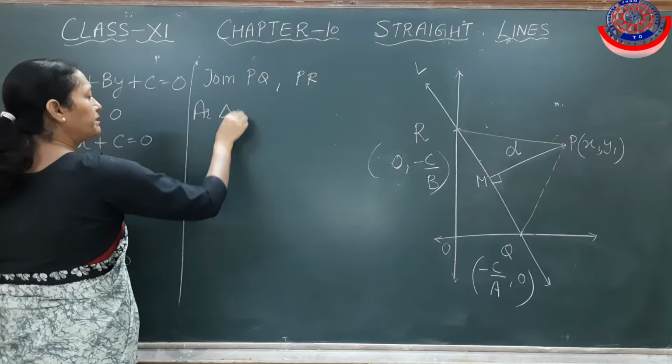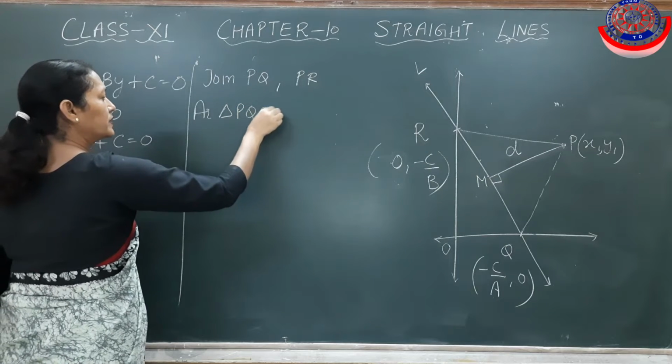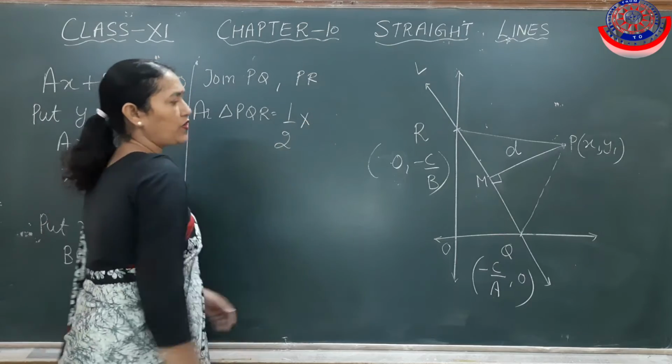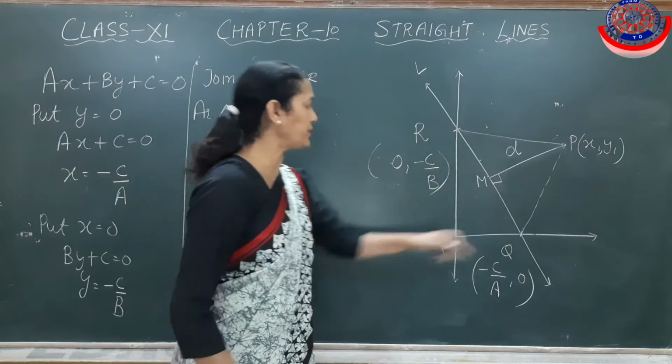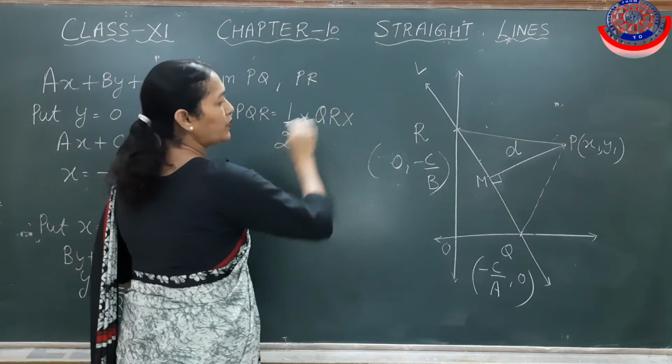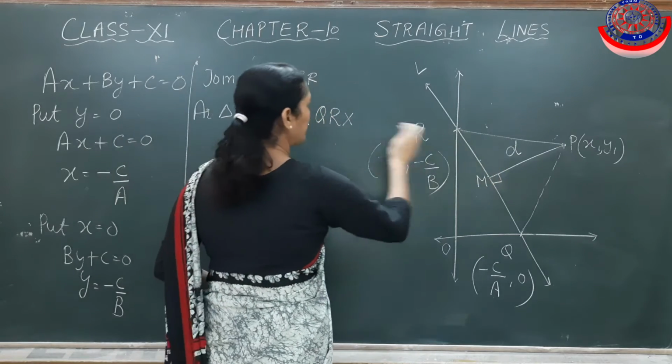Area of triangle PQR is equal to half base into height. What is the base here? Base is RQ. Height means PN.